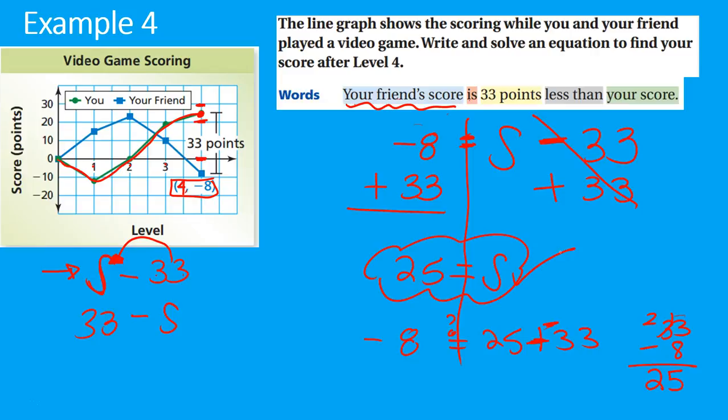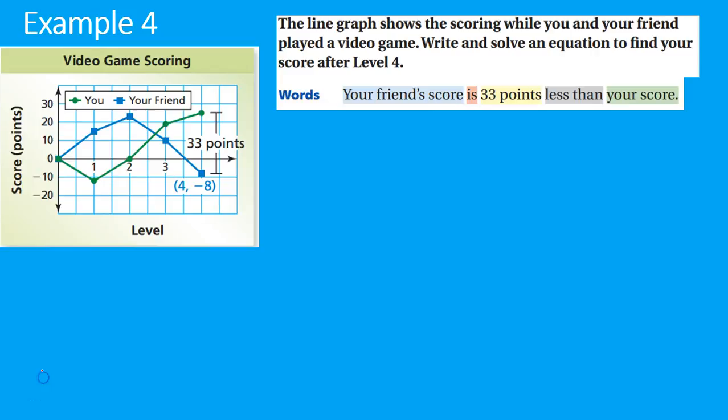Now, don't write this down. Let me show you what happens if you had done this equation instead. Again, don't write this down. I'm just showing you. So if you had said negative 8 equals 33 minus S, let's see what happens. Well, that's a positive 33, so the inverse of adding 33 would be to subtract 33. 33 minus 33 is 0.